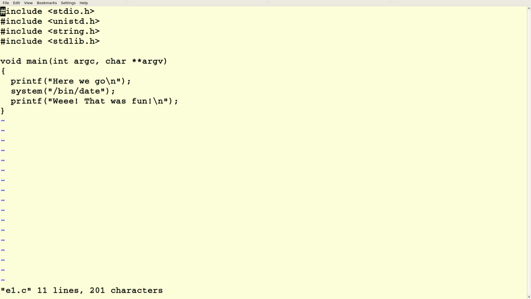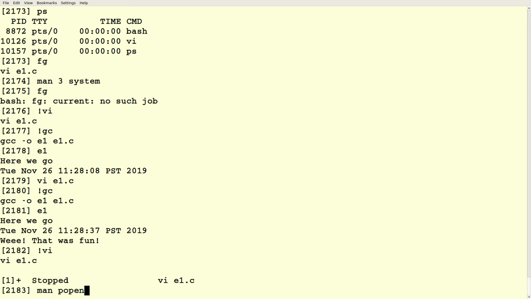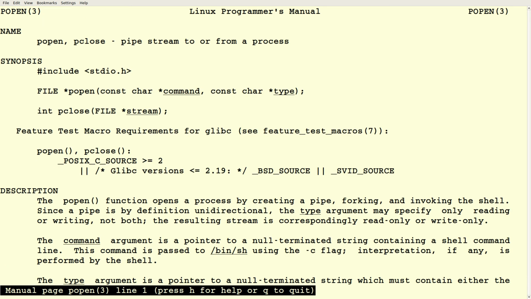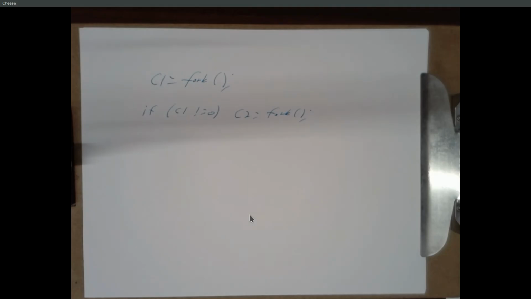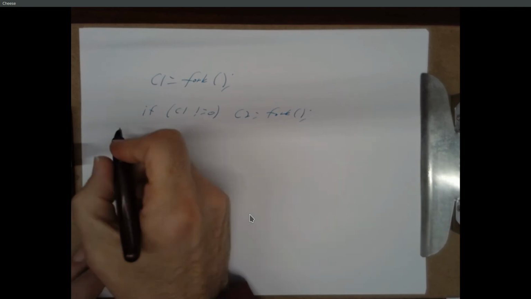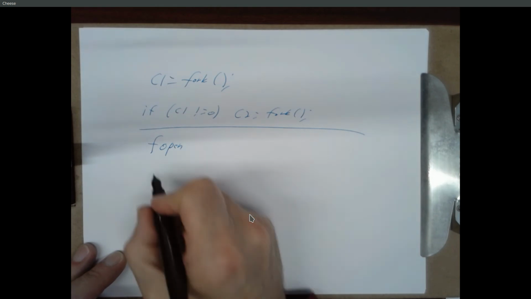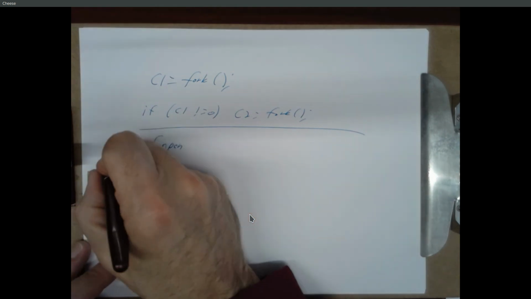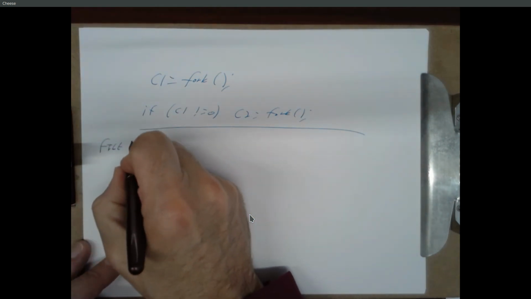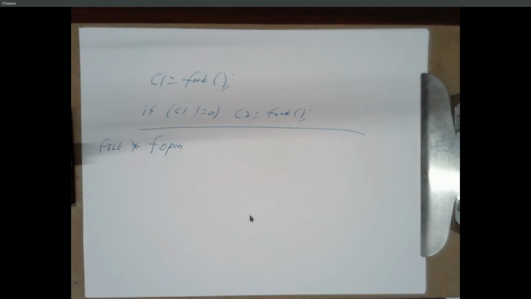So another function is popen. popen is kind of like system. It lets us specify a command that we want executed, but it also works like fopen. Remember, if you want to manipulate a file, we can use these function calls. We can say fopen to open a file, and it returns a file pointer to the structure FILE.